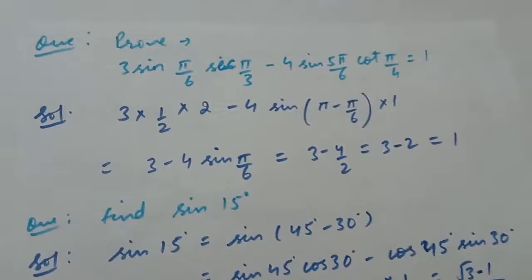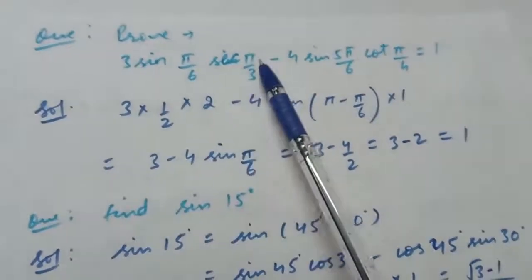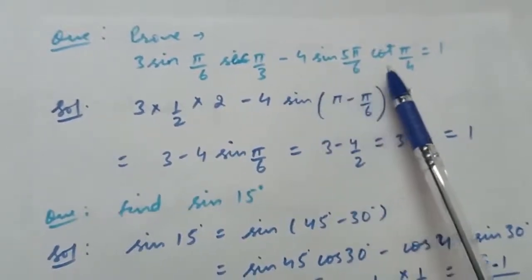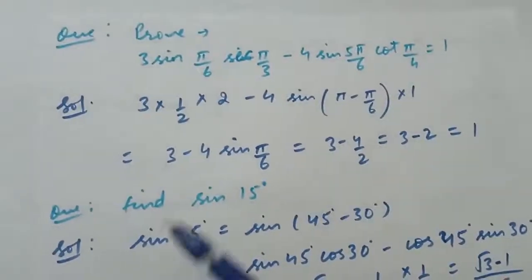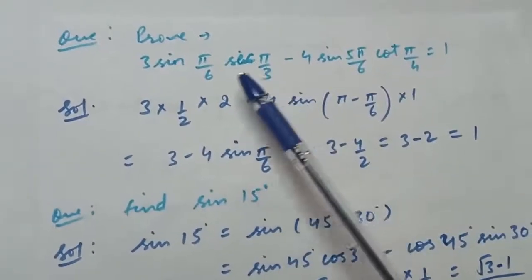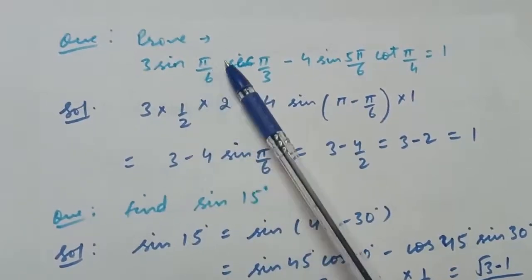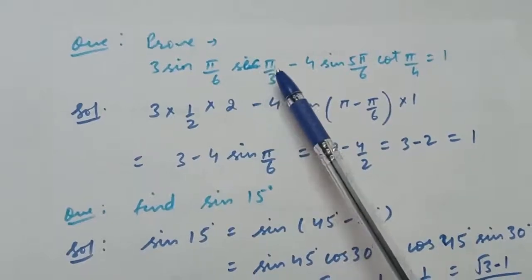So the question is, prove 3 sin pi by 6 into secant pi by 3 minus 4 sin 5 pi by 6 into cot pi by 4 is equal to 1. So taking the left hand side, 3 as it is, this is sin 30 and sin 30 is 1 by 2, into this is secant 60.